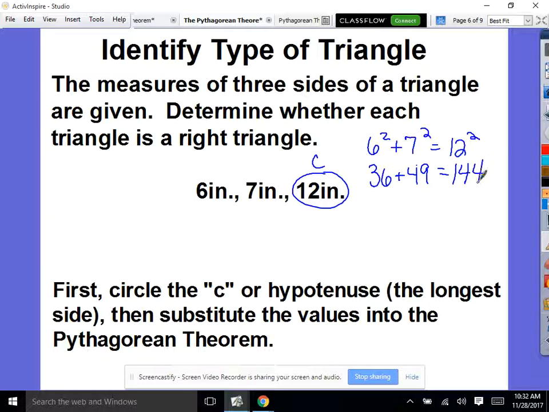And yes, I do expect to see all of this work on your practice assignment. 6 and 9 is 15. Carry your 1, 3 and 4 is 7, plus 1 is 8. It is an unbalanced equation, so not a right triangle. You have to show all your work to prove or disprove whether it's a right triangle.